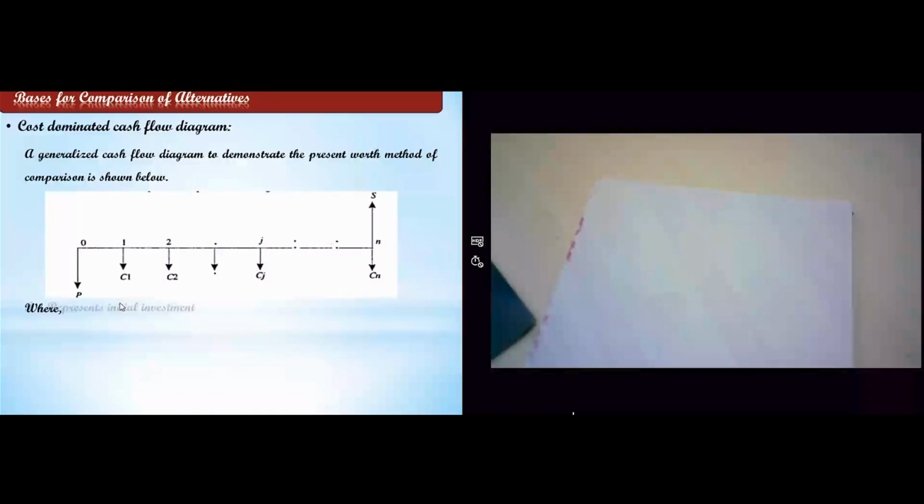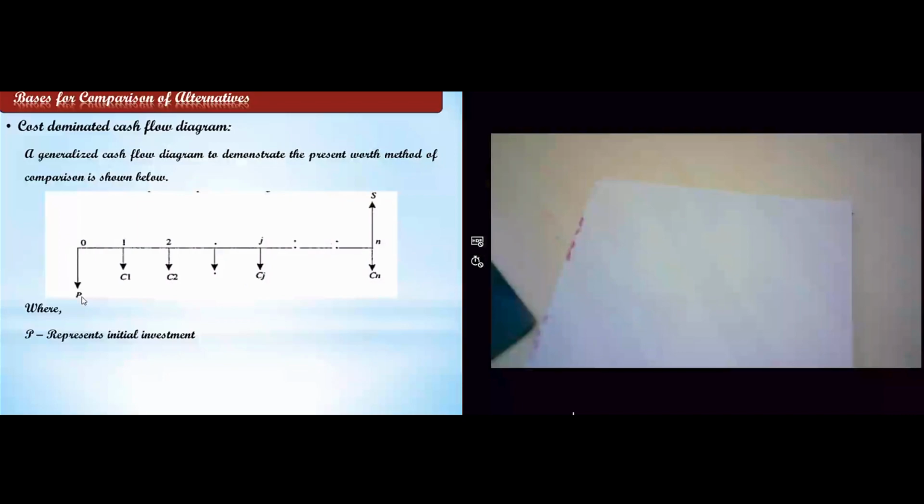Since we pay a supplier for giving us the product, if we are buying something, we give them the money. So that is an initial investment, where cash is moving out from the individual or the organization. That is the value of P.